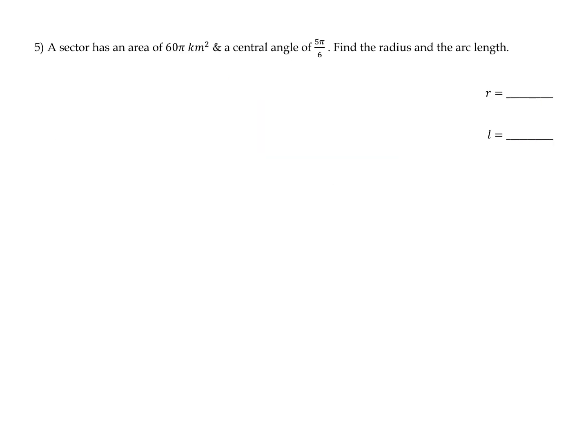Okay, a sector has an area of 60 pi kilometers squared and a central angle of 5 pi over 6, so that's theta. Find the radius and the arc length. So I'm going to use area is 1/2 theta r squared. So 60 pi equals 1/2, theta is 5 pi over 6, and I do not have r squared.